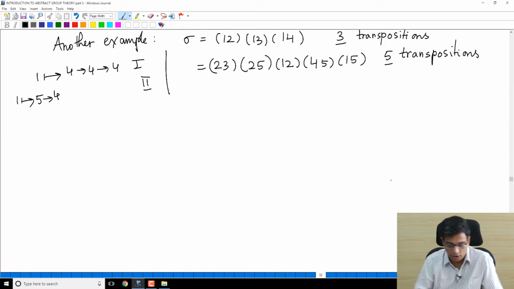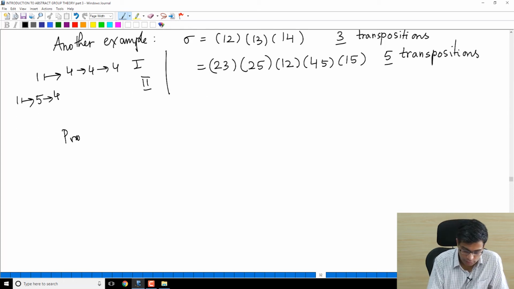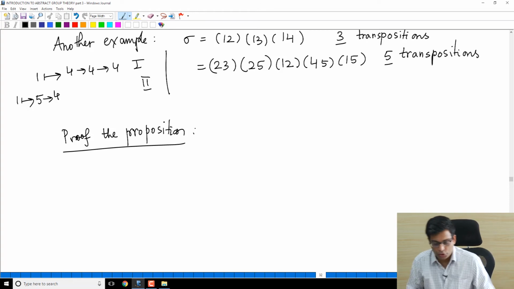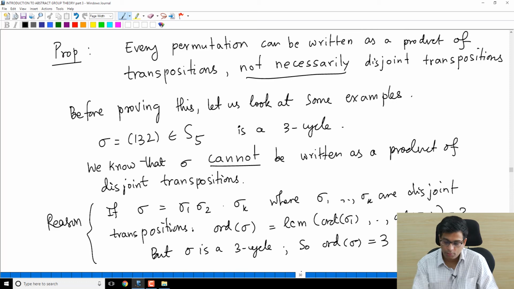Now let's come back to the proof of the proposition. What do we have to show? We have to show that given any permutation in Sn, it can be written as a product of transpositions.